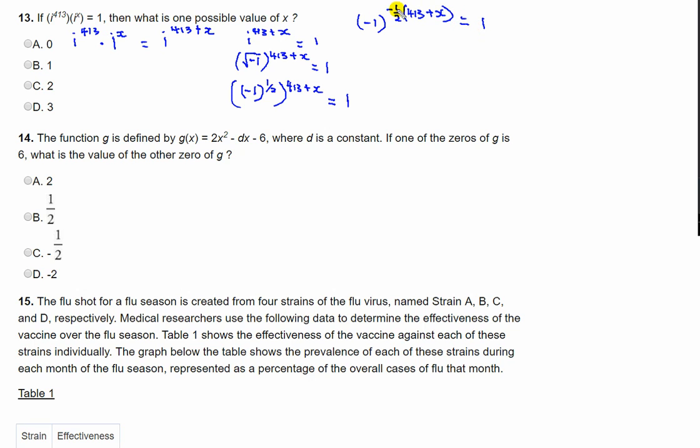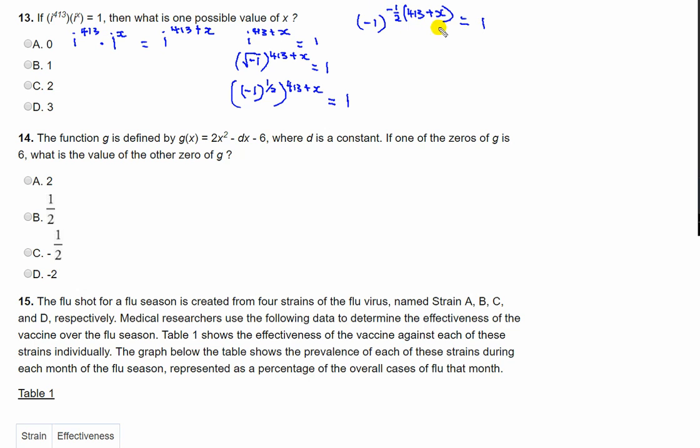Let's look at this. If the power ends up as an odd number, then you end up with a negative value. If you have a minus 1, then you end up with a minus 1, which is not equal to 1.